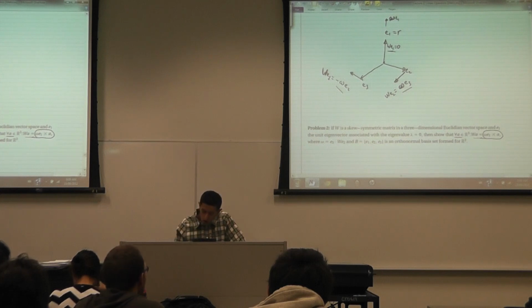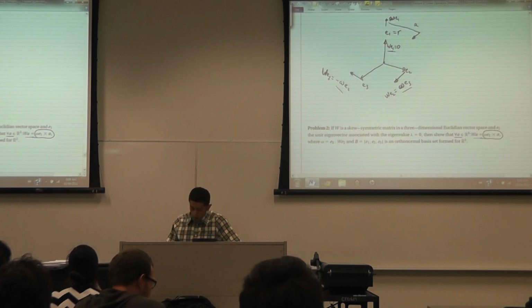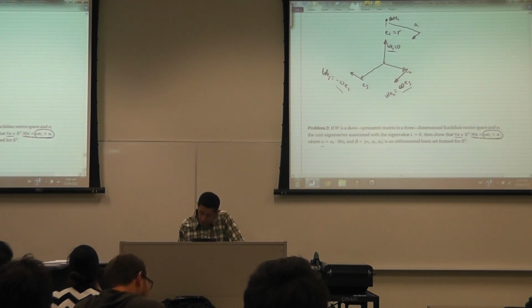I take the cross product of omega E1 with any vector A, I get how this A is rotating. So the action of W on A is equal to this, where omega is equal to E3 dot WE2.